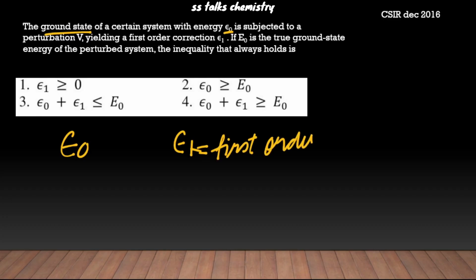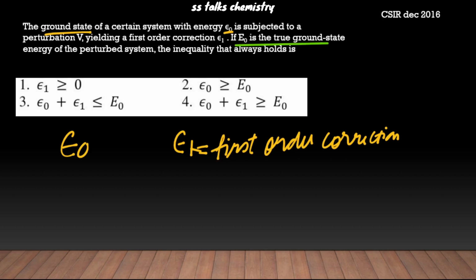This is your first order correction. If E0 is the true ground state energy of the perturbed system, which inequality holds good in this case?